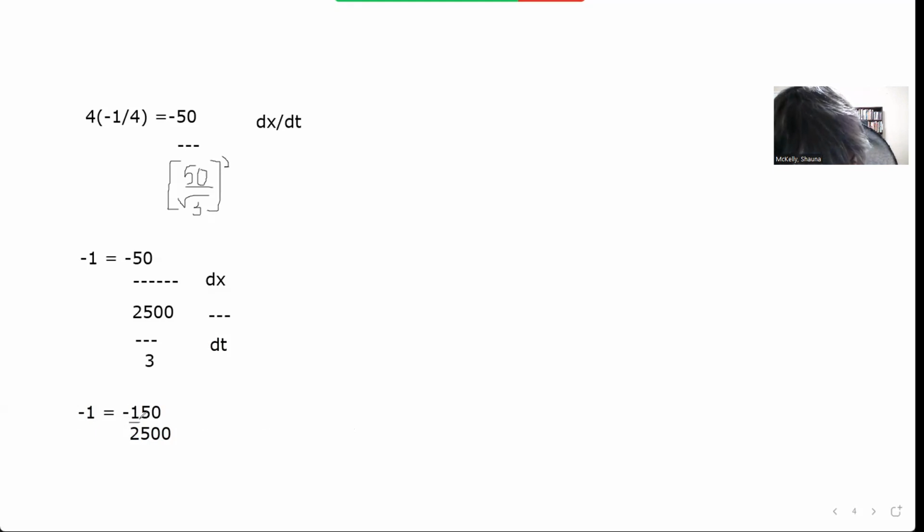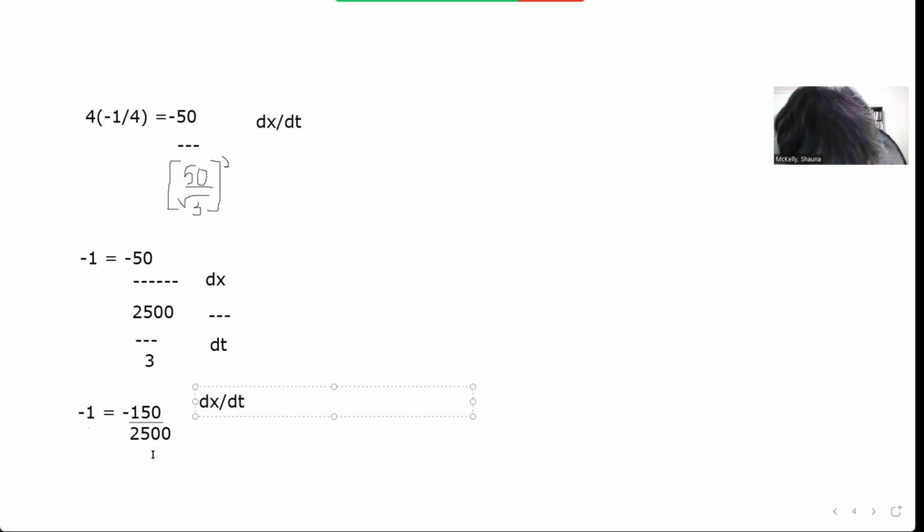Oh, this is my fraction bar right here. And so then I'm solving for dx dt, remember.